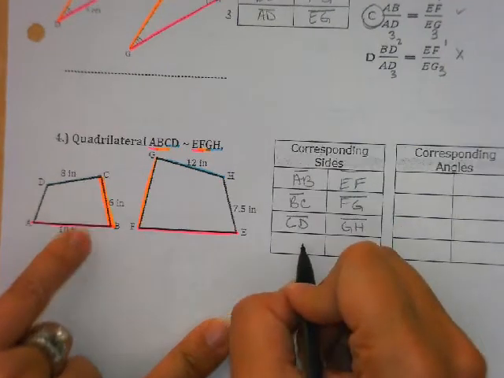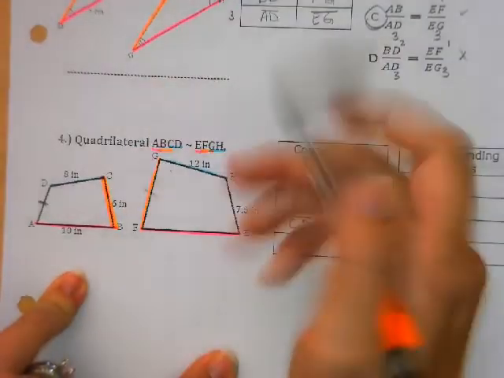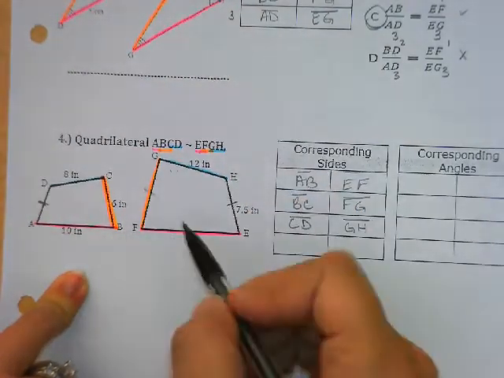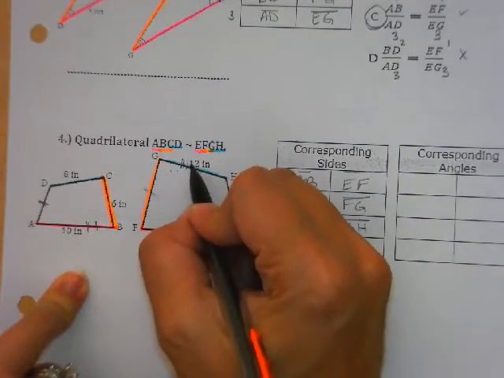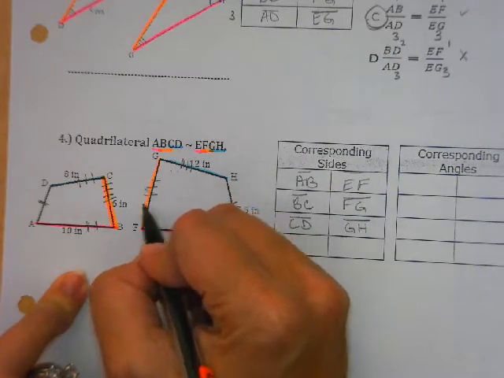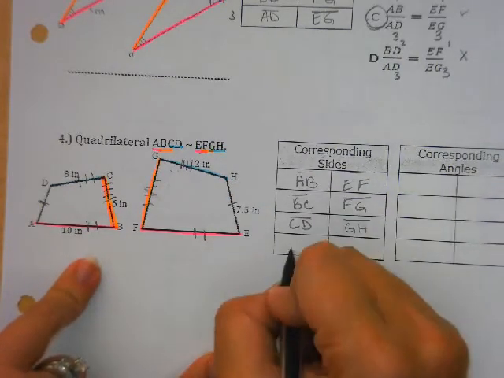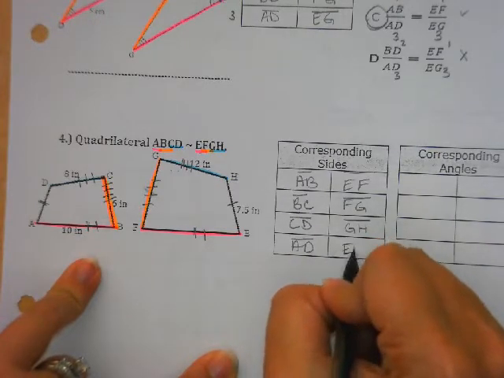If you don't have colors, you could use marks to show which ones match. You know, we could say 2 marks here, 2 marks here, 3, 3, 4, and 4 like that. So that's another method you can use if you do not have colors available to you.